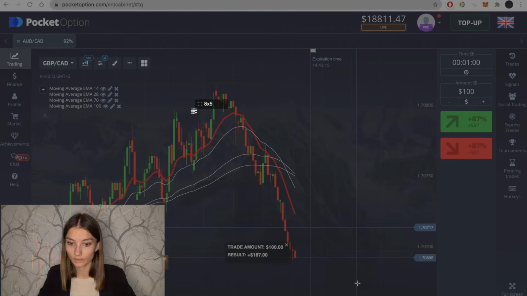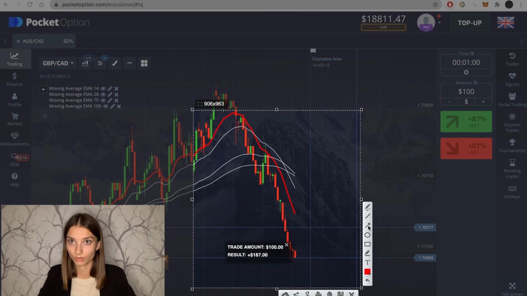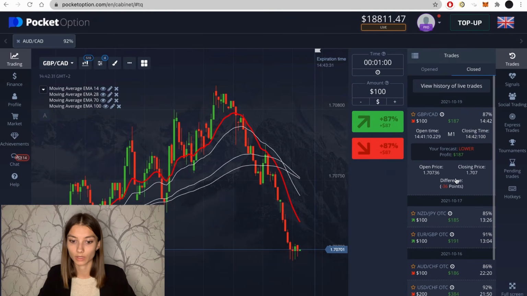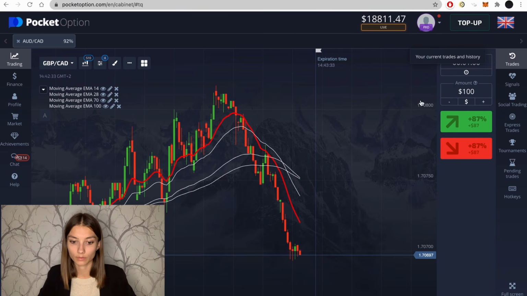The deal is great, you should pay attention to it, of course. There was an entry point from this intersection, and this first closed plus 36 points. It's a very good result, yes.